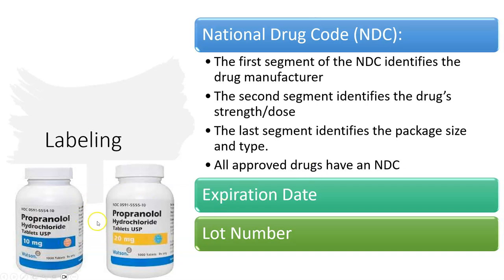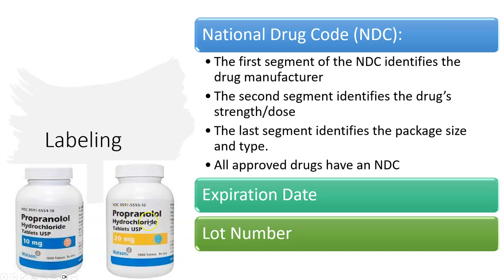Down here I have some examples. Here we have propranolol, a 10 milligram and a 20 milligram. This is a generic drug. It doesn't have the little registered symbol after the name, and there's no other name on here. The hydrochloride is the salt component of propranolol, so all you really need is the propranolol.